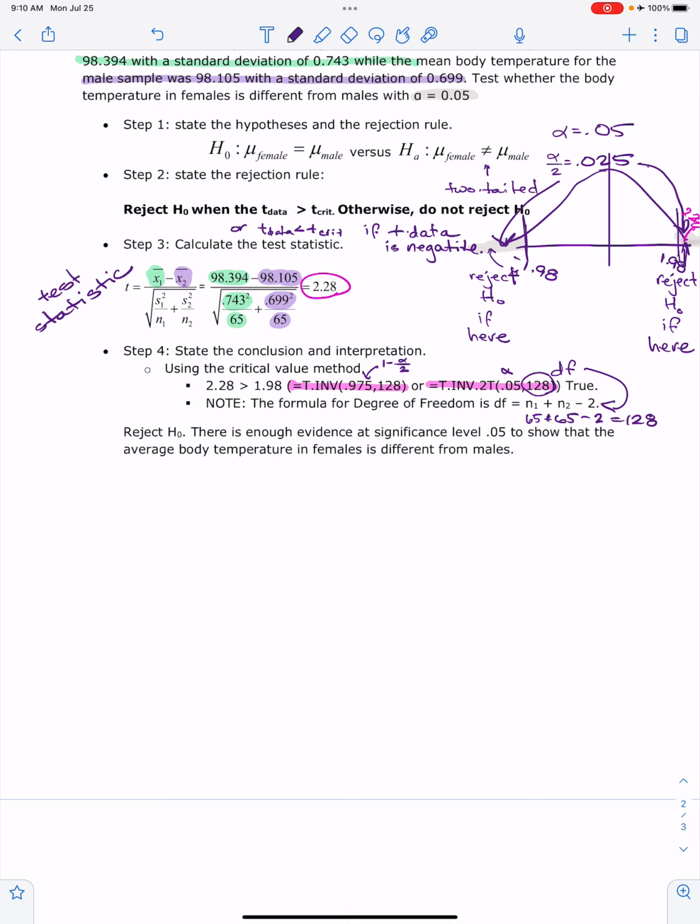Our test statistic is far enough out into the tails that we can support the fact that it's probably different than the norm. Okay? So here is our conclusion. Again, 4 parts. We got to reject H naught, state whether there is or is not enough evidence, state the significance level, and then state what it is we were showing.